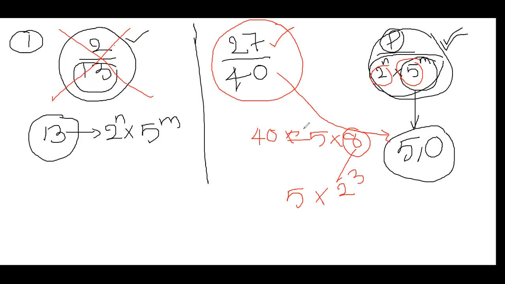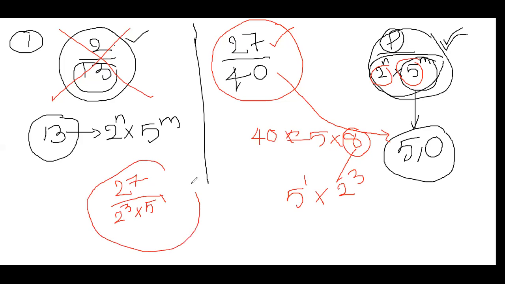How many 5s are there? Only one 5. The power is how much? 1. Now I can write this equal to 27 by 2 to the power of 3 into 5 to the power of 1. Now I can say that this question is a what question? Terminating decimal question.